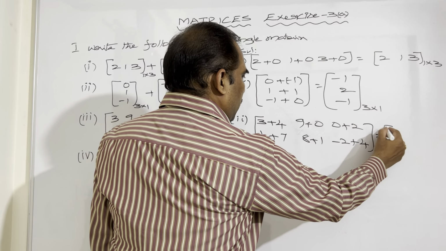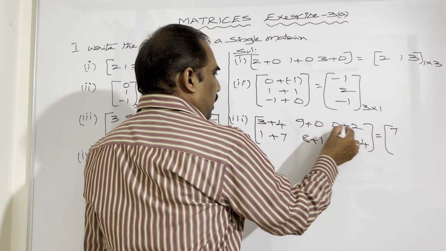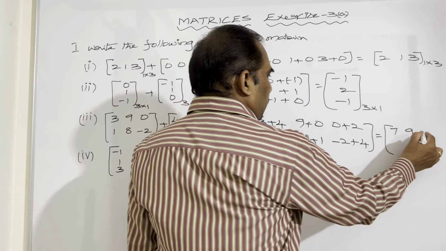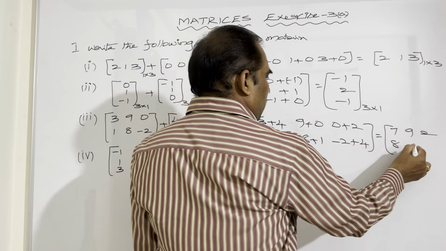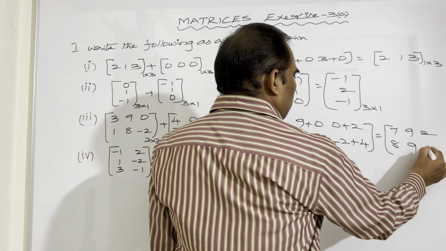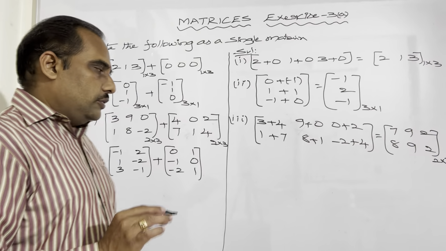So we get 3 plus 4 is 7 and 9, 0 plus 2 is 2 and 1 plus 7 is 8, 8 plus 1 is 9 and minus 2 plus 4 is 2. The resultant matrix order is also 2 by 3.